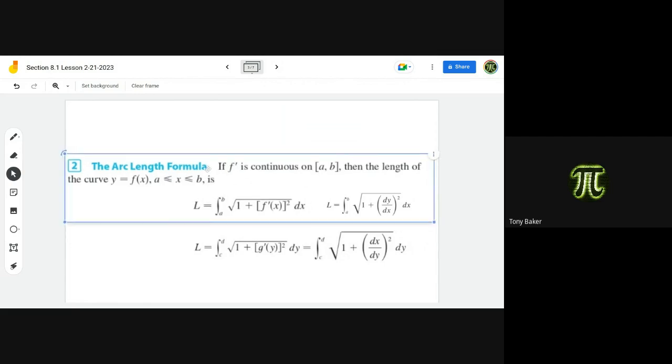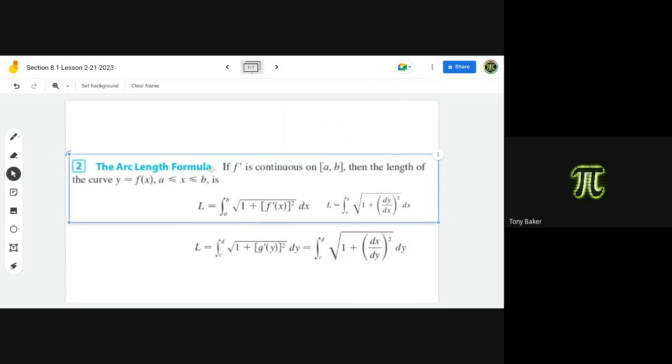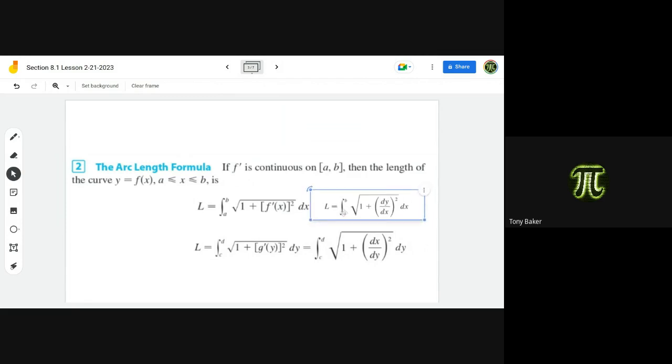So our wonderful arc length formula. The formulas are the exact same. One's in Newton's notation and one's in Leibniz. So actually, I'm going to make this a little bigger.